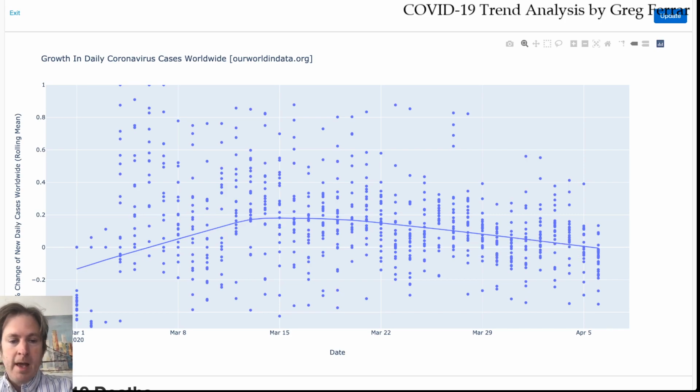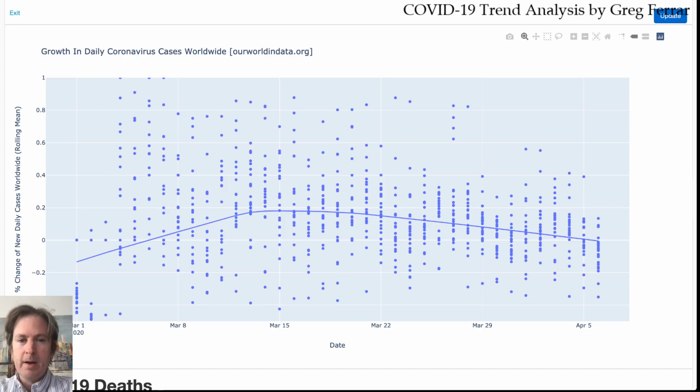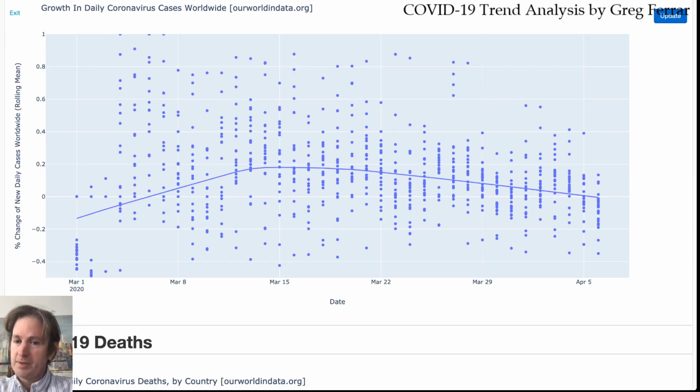I can say with limited accuracy because of the population thing that the pandemic is actually turning the corner now, that the whole world is crossing 0, and generally we can expect the growth in new cases of the whole world to start to drop. Now, if I have the time, maybe I'll take a look at adjusting this by population, and then I could say it with a little more certainty. But since these are just the top 25 anyway, there is at least a factor of population adjusting happening here.